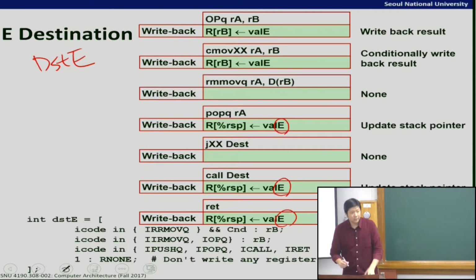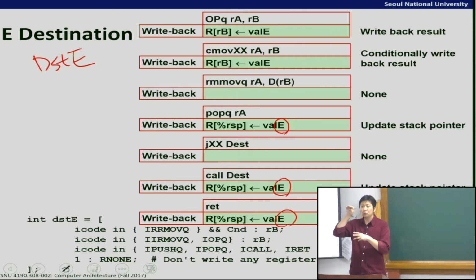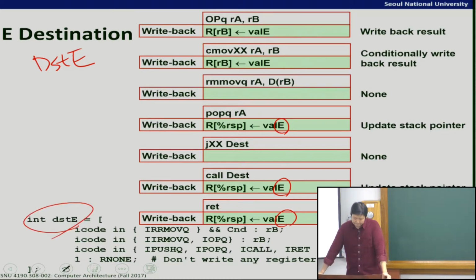This is called val E because the value to write is obtained at the end of the execute stage, the E stage, without accessing memory. So you can write this block's control logic as follows.